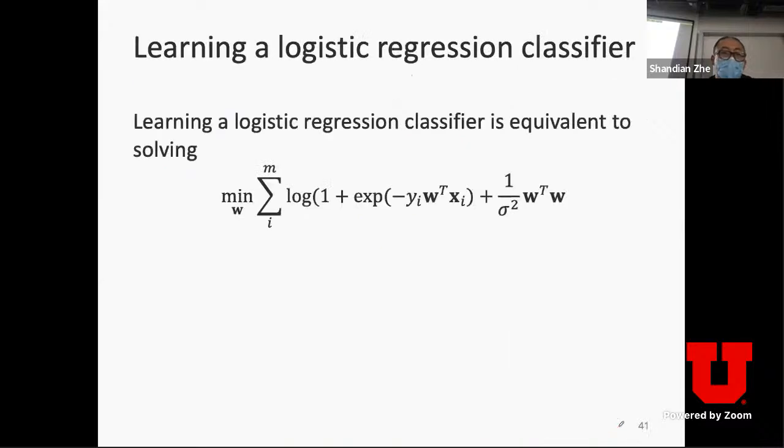We arrive at our final objective: we minimize a summation of logistic loss over the training data plus some regularization term. Remember, this is a regularization term, and this regularization term also appears in SVM.